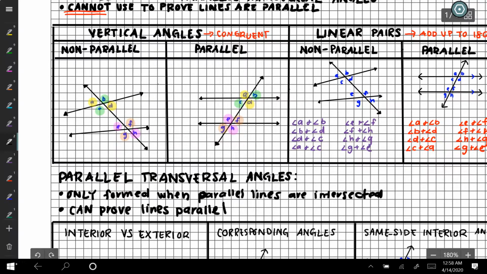There are 5 different types of angles that we're going to go through.